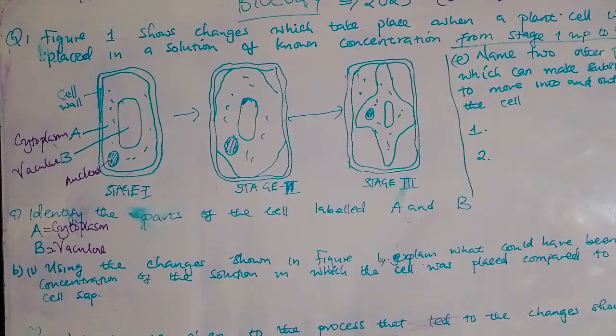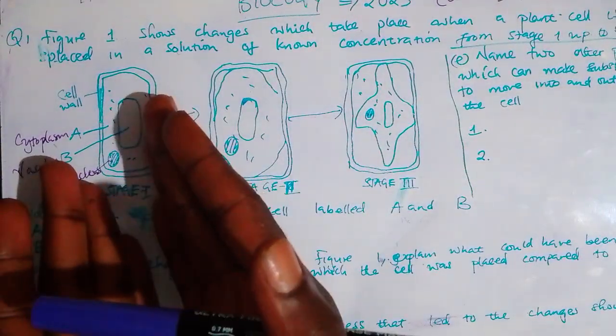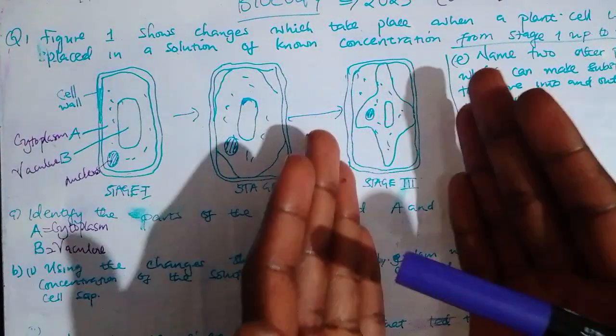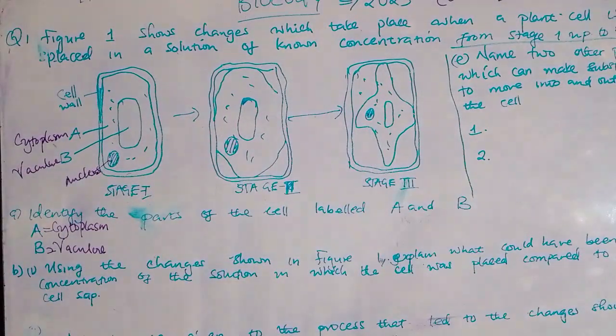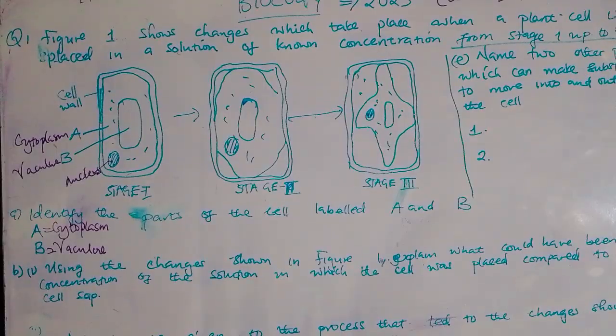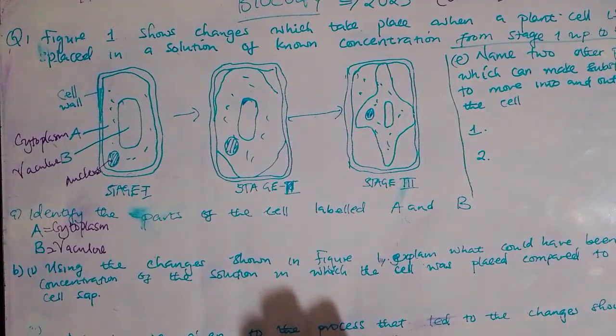So here they want us to explain what really happened for the cell to move from this state to this and finally this. We are seeing that here the cell is slowly shrinking.